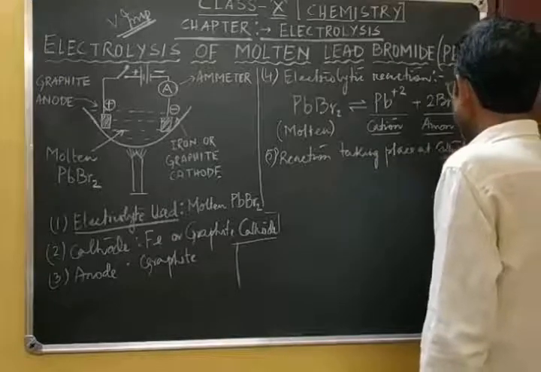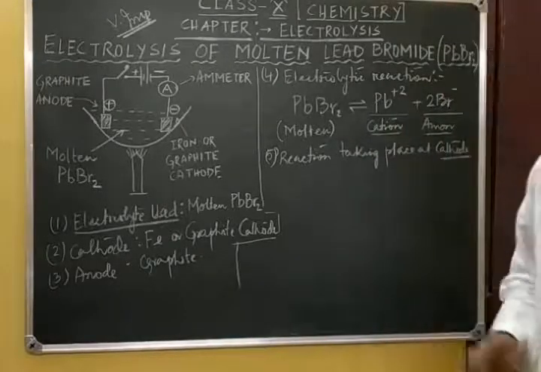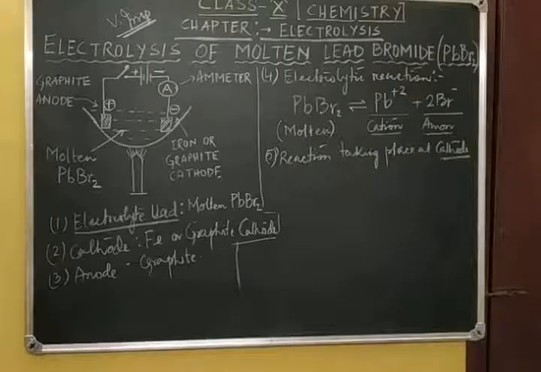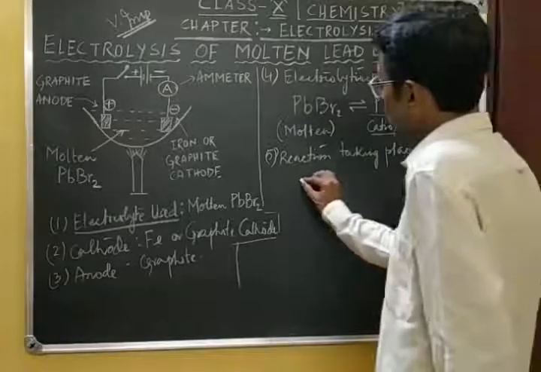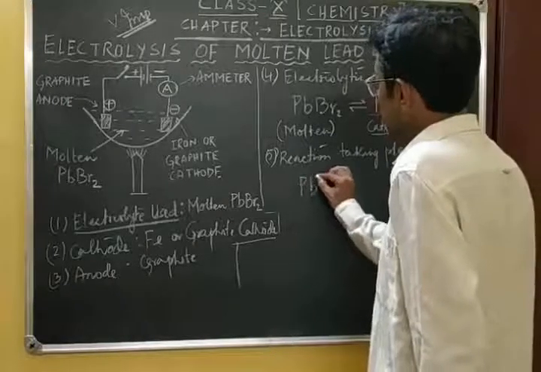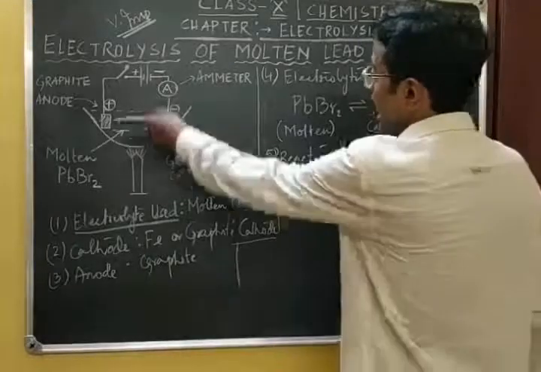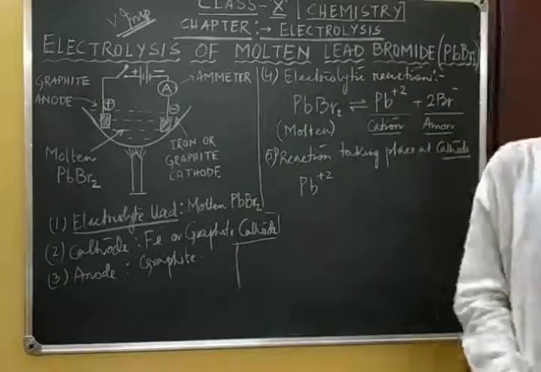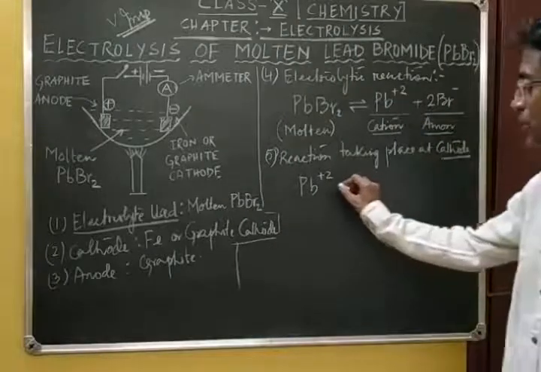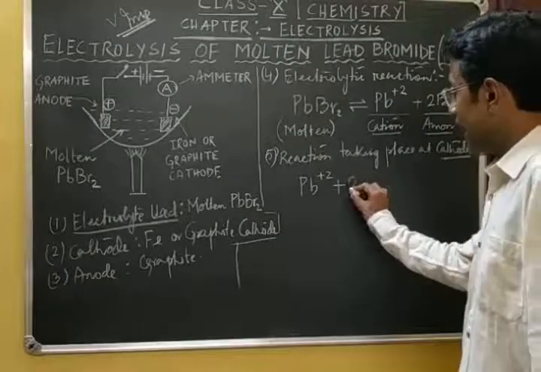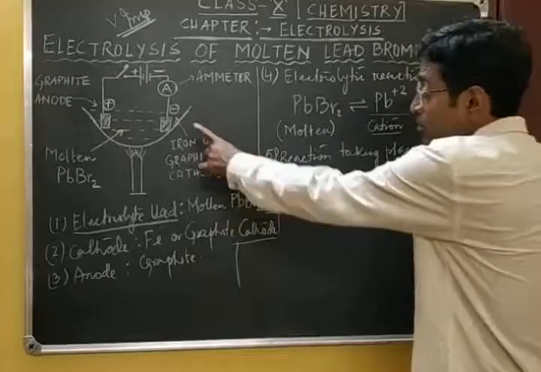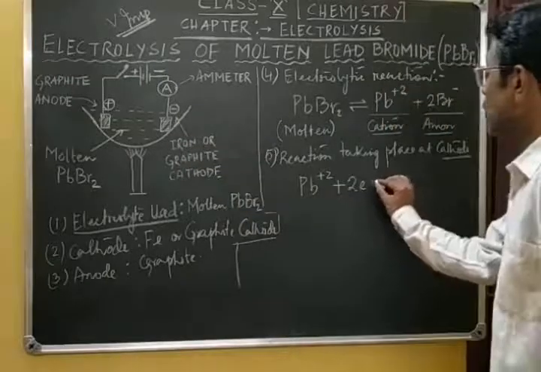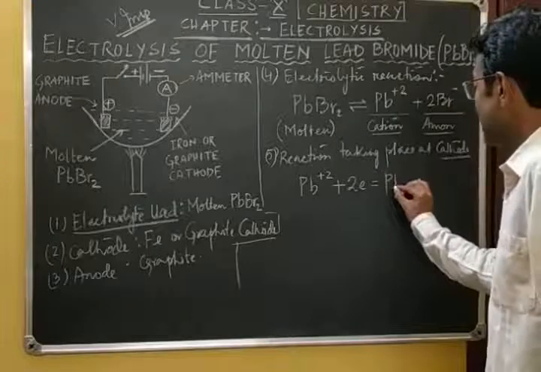Cathode means I'll be concentrating on lead. Pb+2 goes to the cathode, which is positive. It will accept 2 electrons from this electrode to form neutral lead. Remember this one.